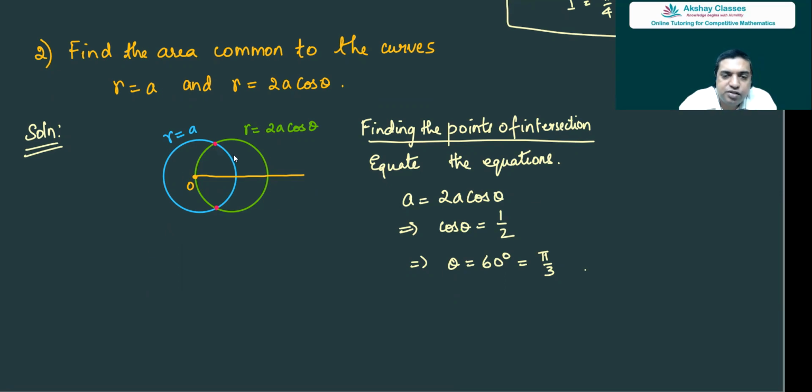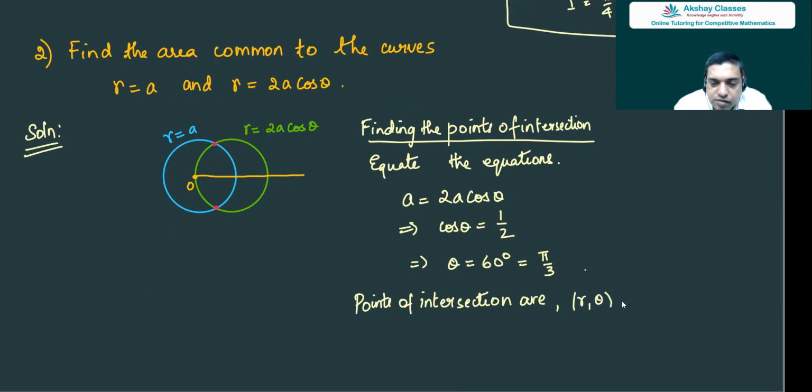And so the points of intersection are R comma theta equal to A comma plus pi by 3 and A comma minus pi by 3.